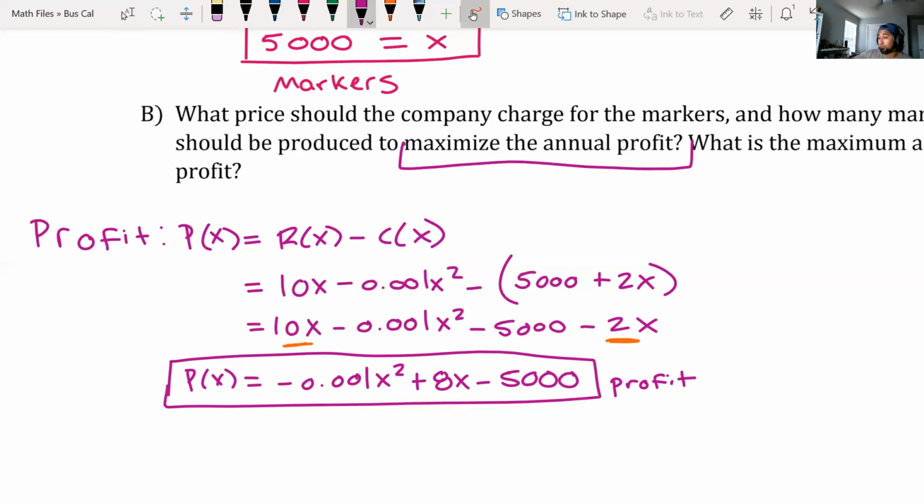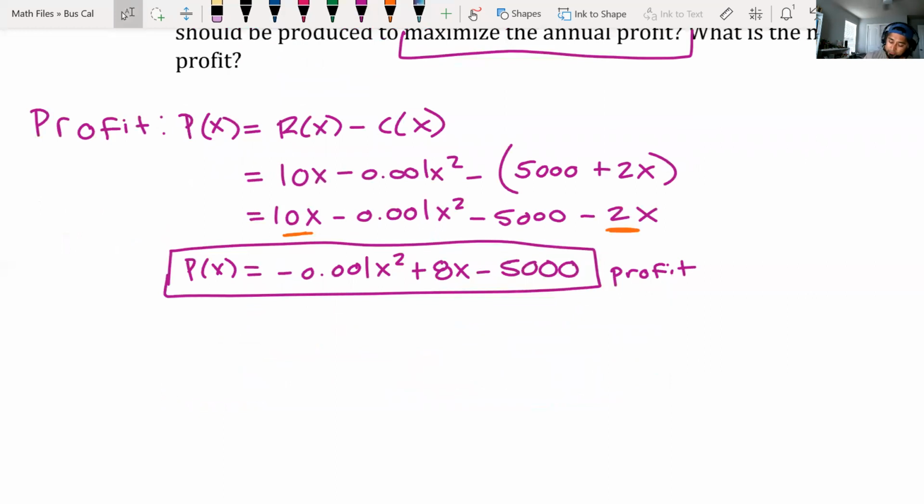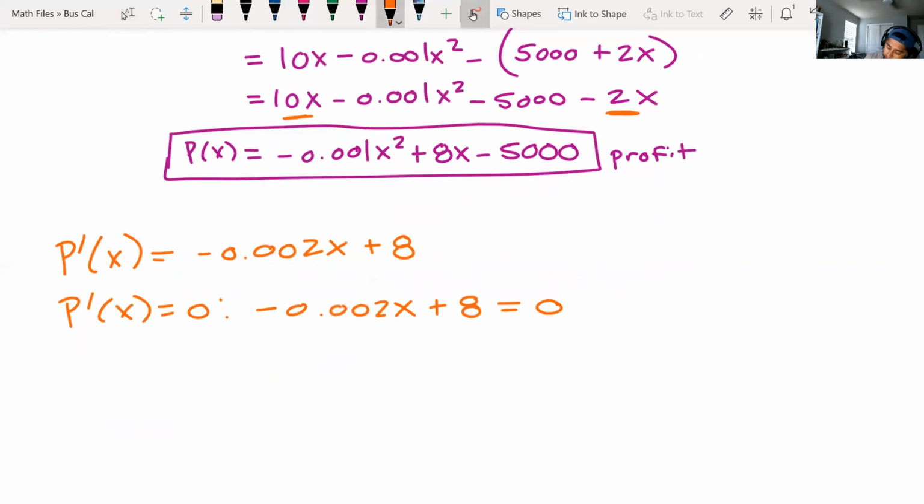And now since we found profit, we can take the derivative, solve for x, and plug it into where we need to. Okay. So P prime of x is going to give me negative 0.002x plus 8. There's the derivative of the profit function. And then set it equal to 0. So negative 0.002x plus 8 equal to 0. Solve for x. This time, I'll move the 8 over.